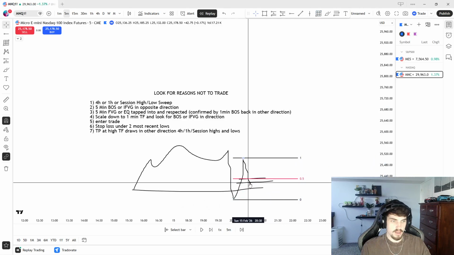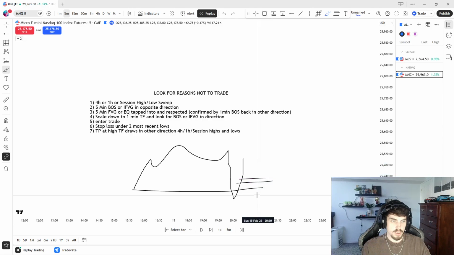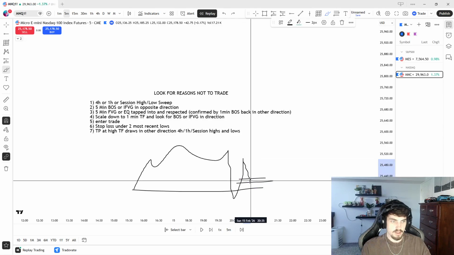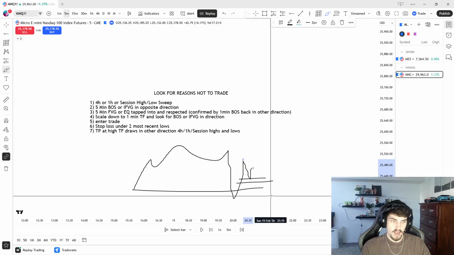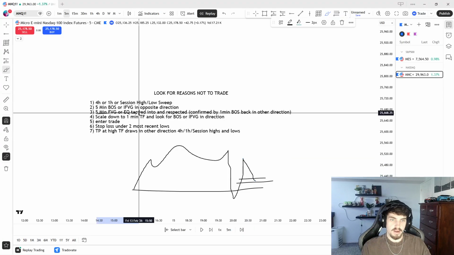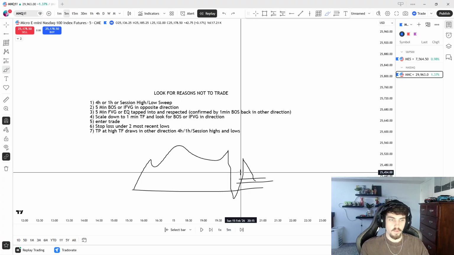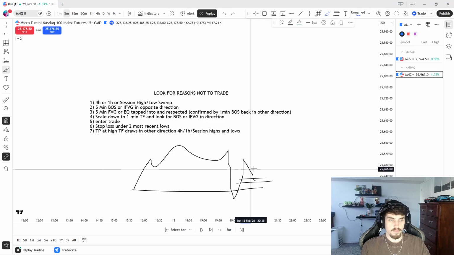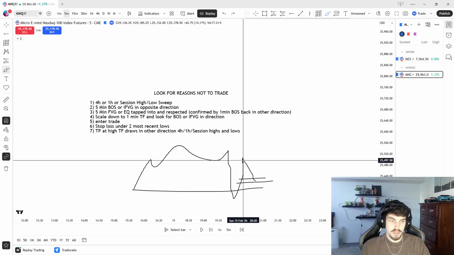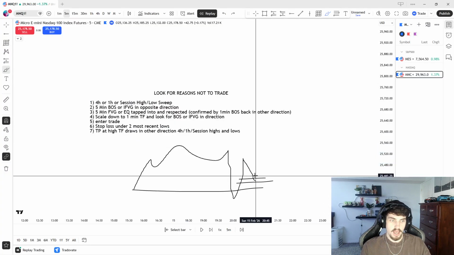So we'd come back down into equilibrium and maybe a fair value gap, and we would stay inside the fair value gap and then get reactions to the upside. When we are looking for this 5 minute fair value gap or equilibrium to get broken into, we would scale down to the 1 minute time frame, and we would probably see that the 1 minute time frame would break structure whilst the 5 minute time frame is staying in a bullish uptrend.